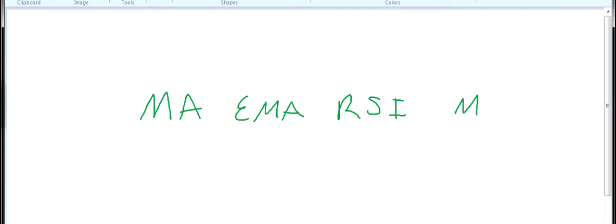You even have your MACD, right? They give you all these selections that you can go into your trading application, and you can come up with these awesome different variations of implementing indicators to give you false confidence about what the stock is doing.